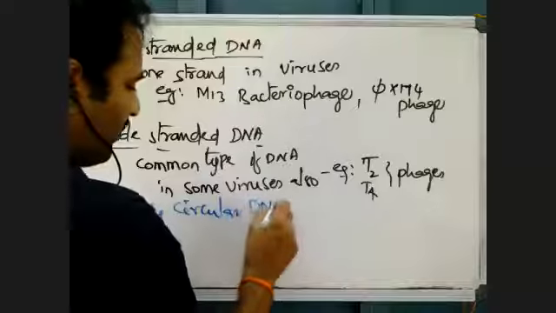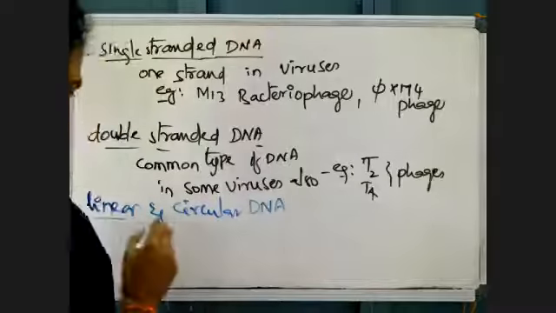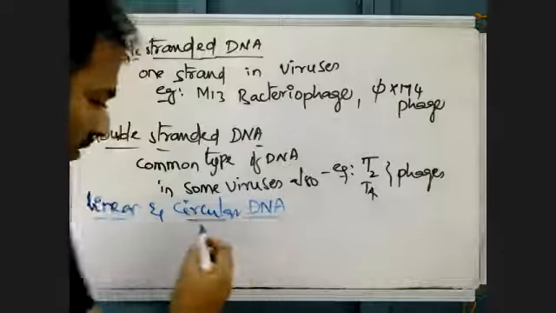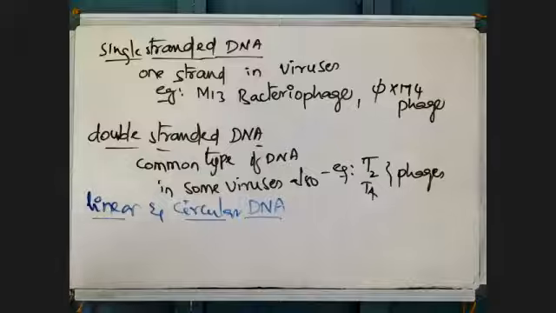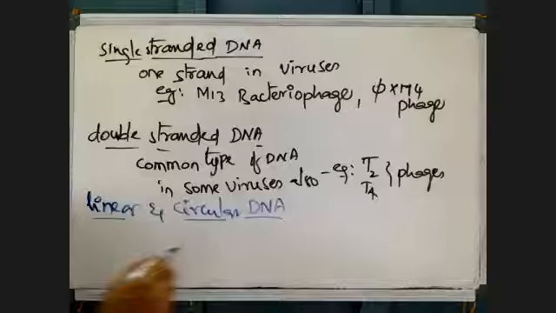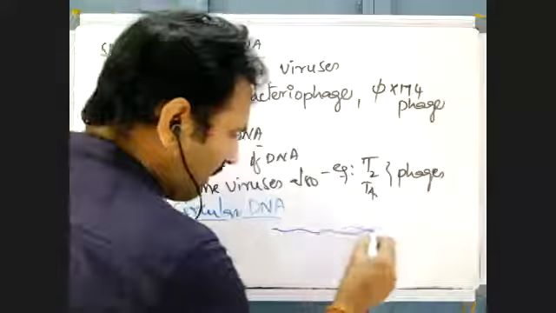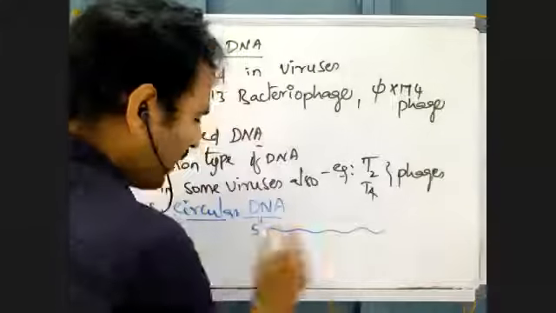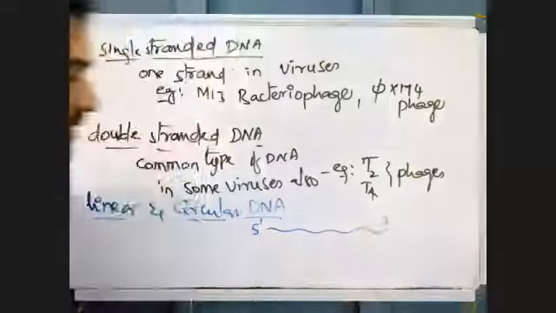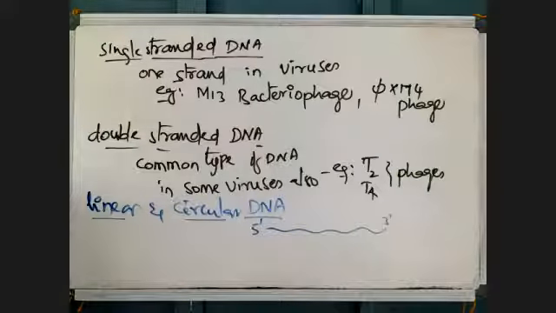See the difference between linear and circular DNA. What is linear DNA? Linear DNA is a DNA where the 5' and 3' ends are present freely.